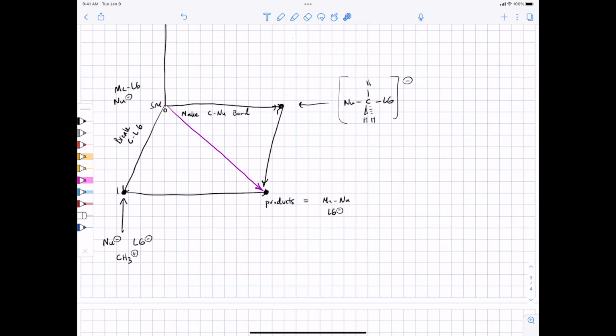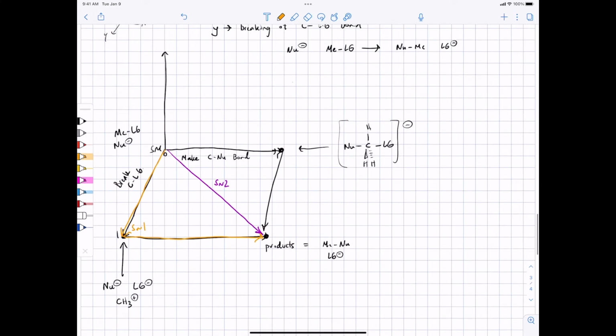The SN1 pathway, which I'll write in orange, would be we follow this direction first and then go there. All right, so this is the SN1 pathway.